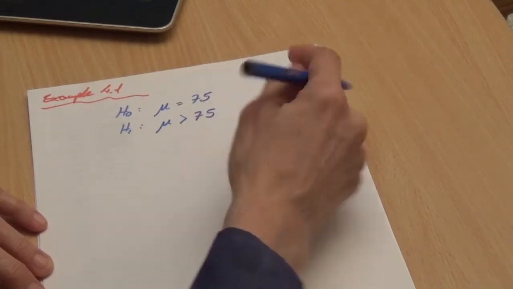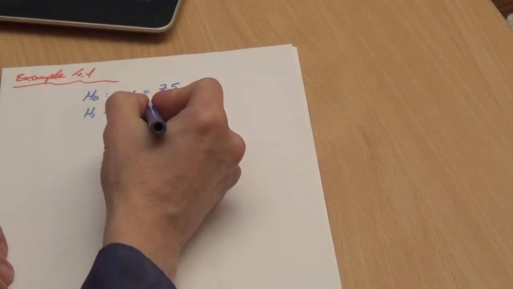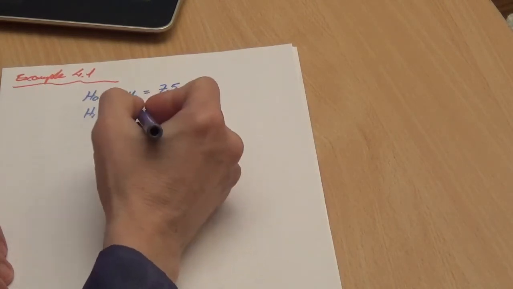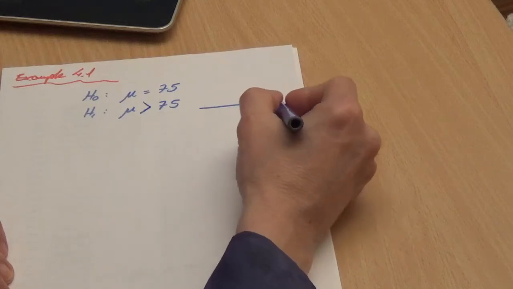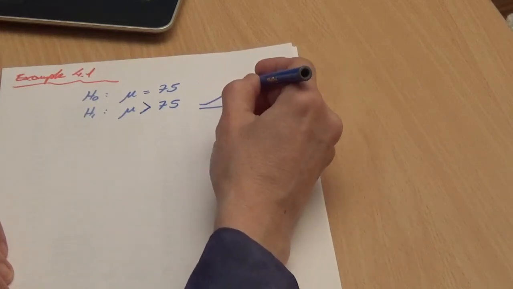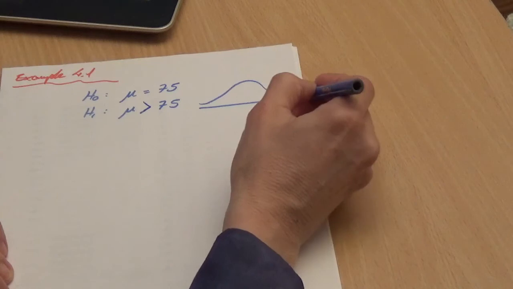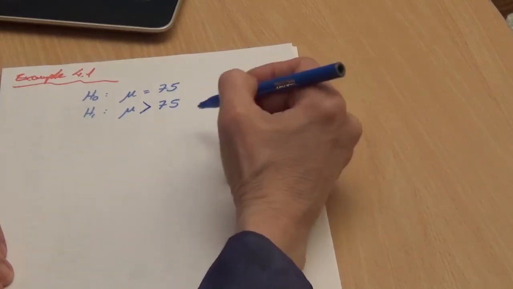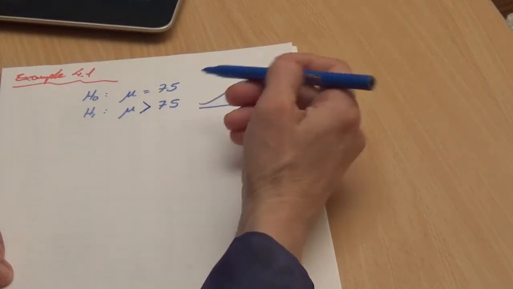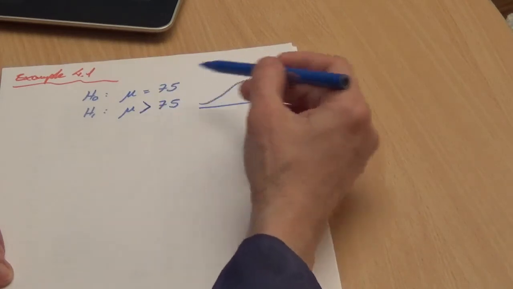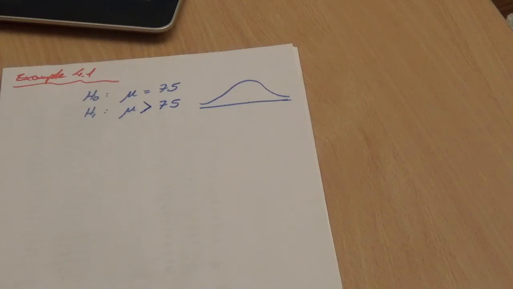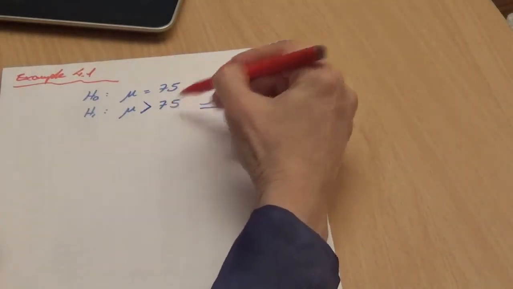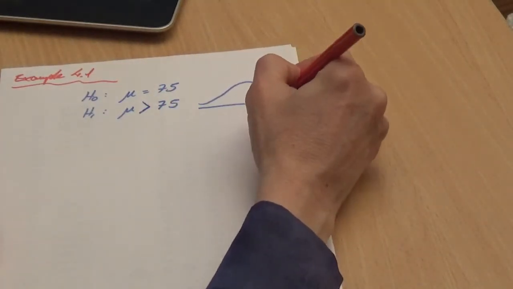What is the difference between writing greater than and not equal to? Do we take one side of the graph or both sides? We will decide based on the question. For this one, we will take only one side, since it says exceeds.